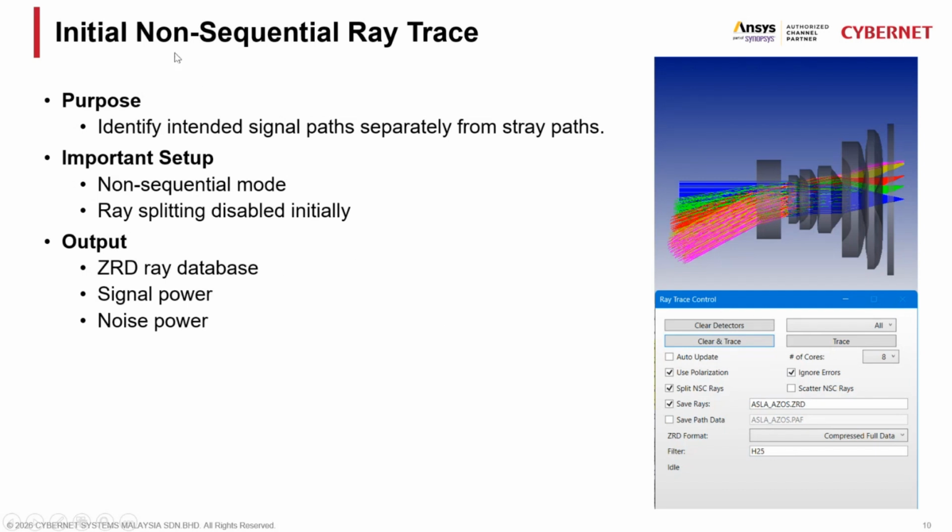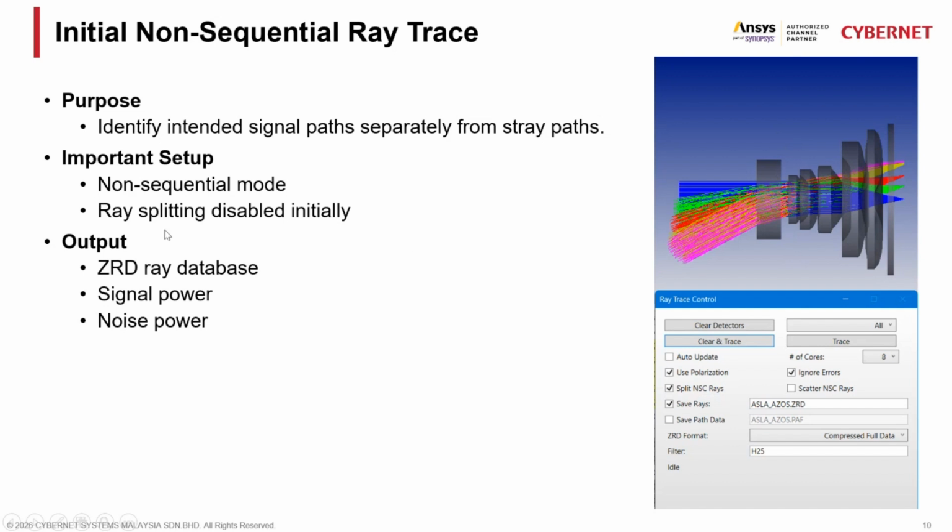Initially we do all the design for the lenses in sequential mode. After we confirm all the requirements are met in sequential mode, we can convert to non-sequential ray trace. As you can see, this photo shows the non-sequential mode.